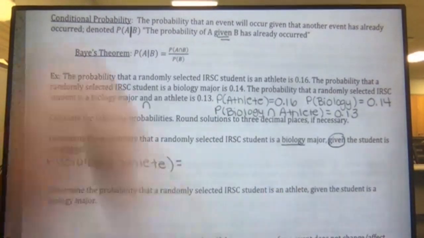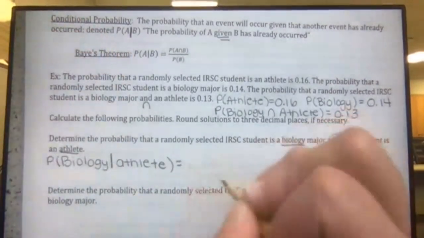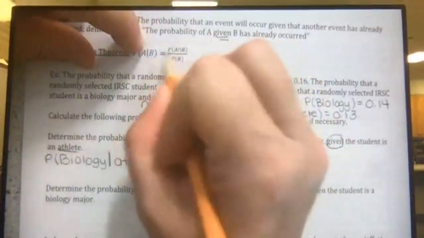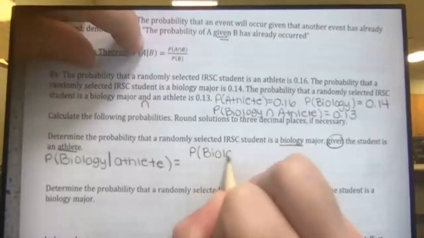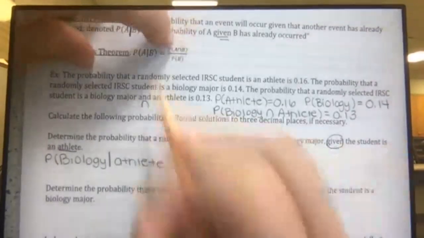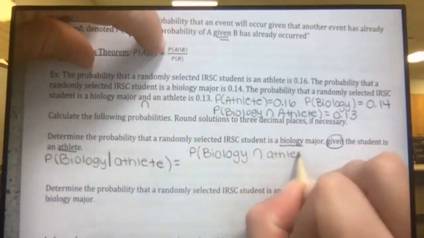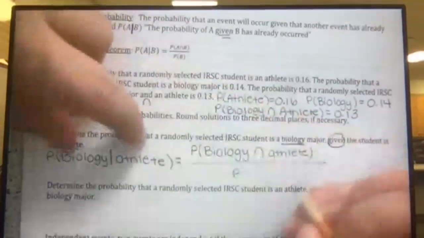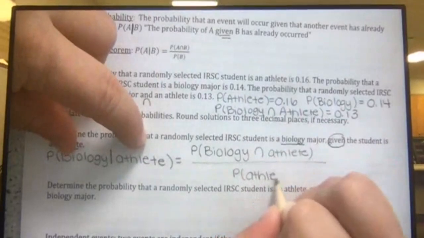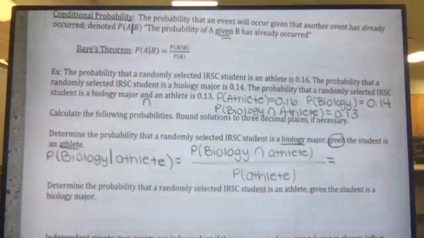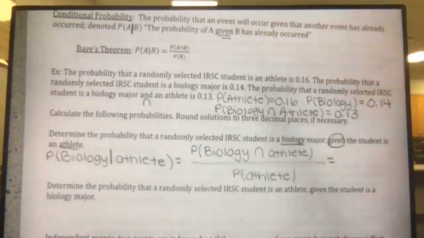So they give us everything that we need. Let's plug it into our Bayes' theorem up here. So our Bayes' theorem says probability of the first thing, which in this case is A, so biology, and the second thing, which is athlete, over the probability of the second thing, which is an athlete. Using this Bayes' theorem, A and B are just generic.